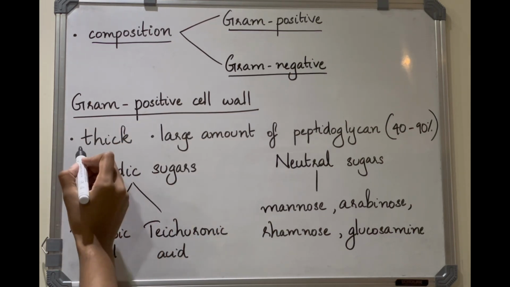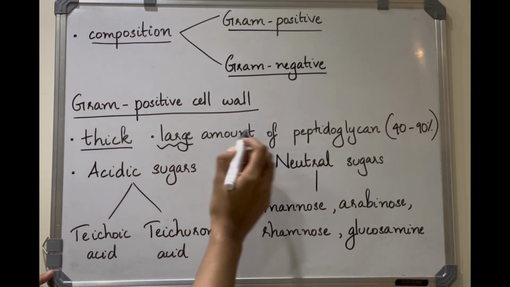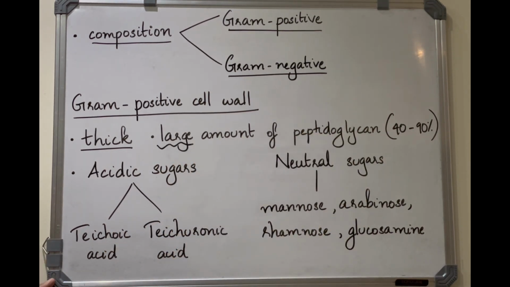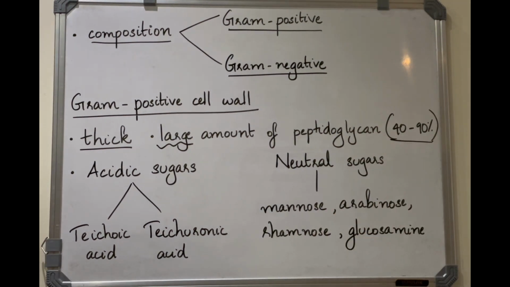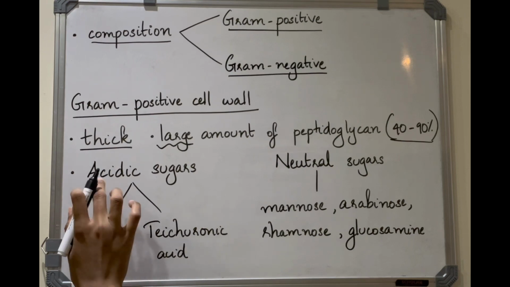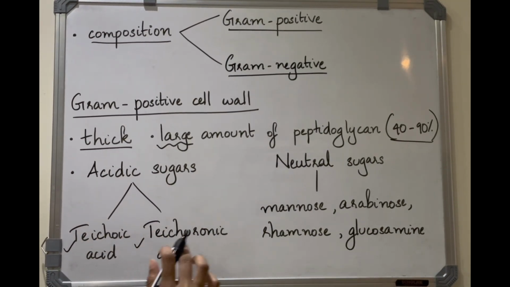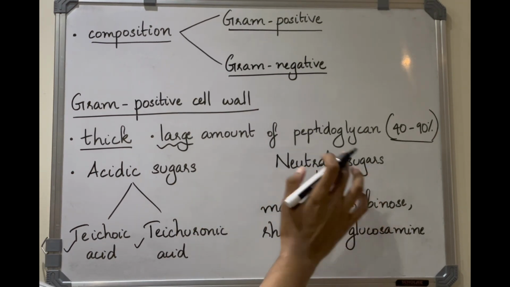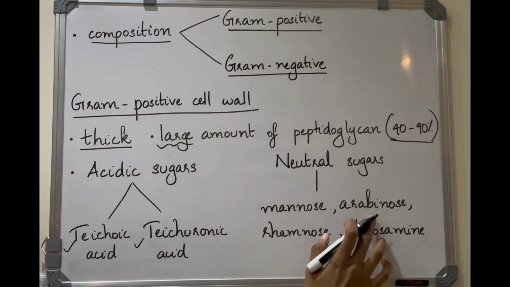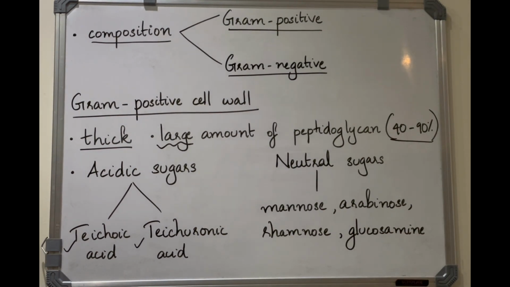The gram-positive cell wall is a thick cell wall, and it contains a large amount of peptidoglycan. It constitutes about 40 to 90% of the cell. It also contains acidic sugars such as teichoic acid and teichuronic acid, and neutral sugars such as mannose, arabinose, rhamnose and glucosamine as matrix substances.